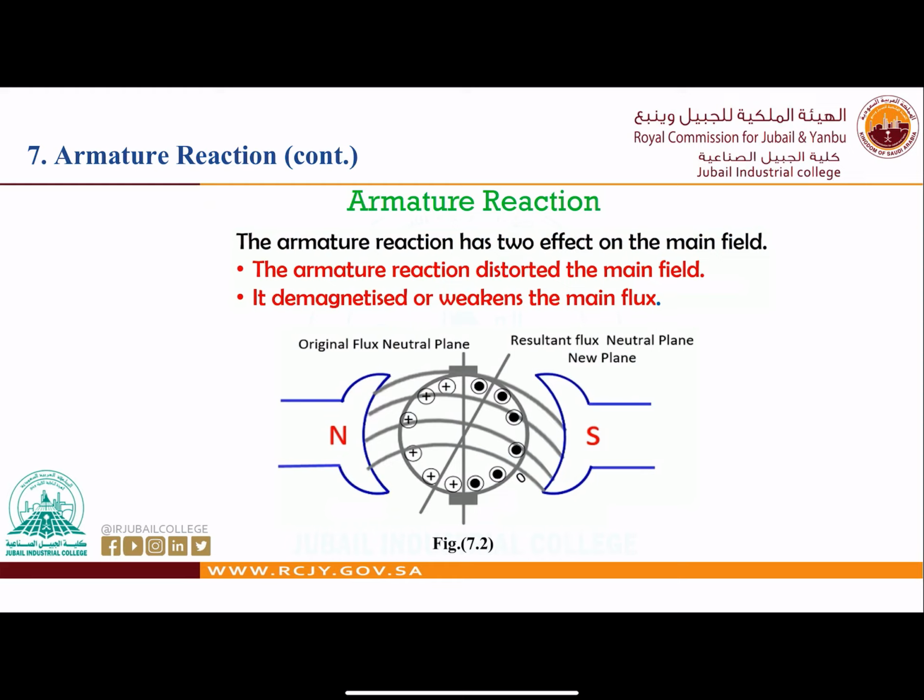The armature reaction is going to distort the main field by weakening the main flux, which is the field flux.